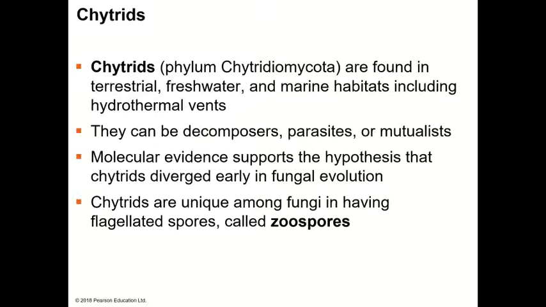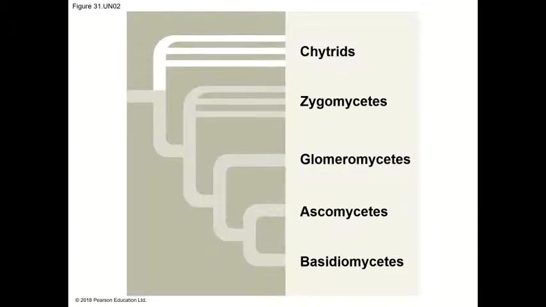So they can be decomposers, parasites, or mutualists. And it's through molecular genetics that we actually found out that they are a sister taxon to fungi. So this is where the common ancestor is for fungi and chytrids.